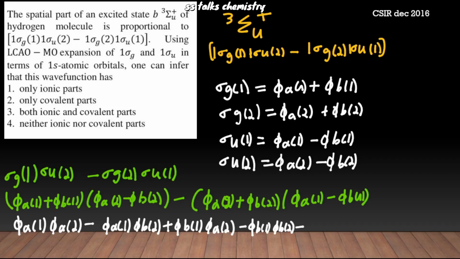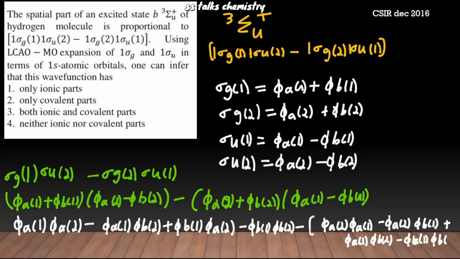Minus of this, which is phi A2 into phi A1, minus phi A2 into phi B1, plus phi A1 into phi B2, and minus phi B1 into phi B2. So this is what we get after the expansion.